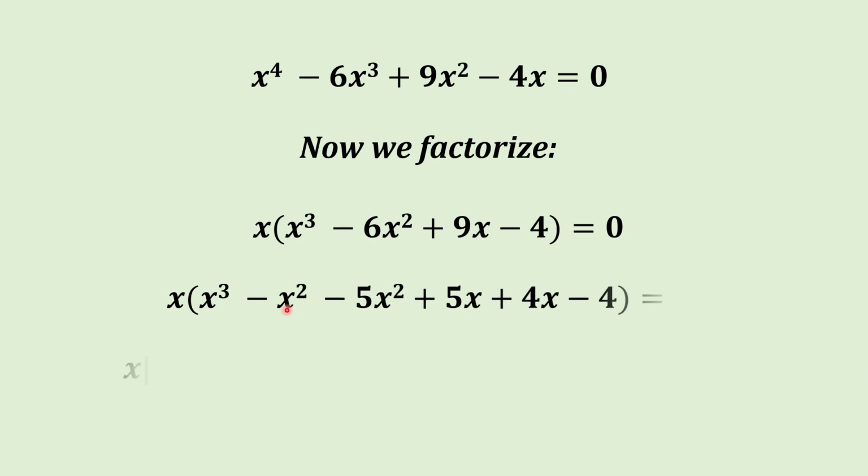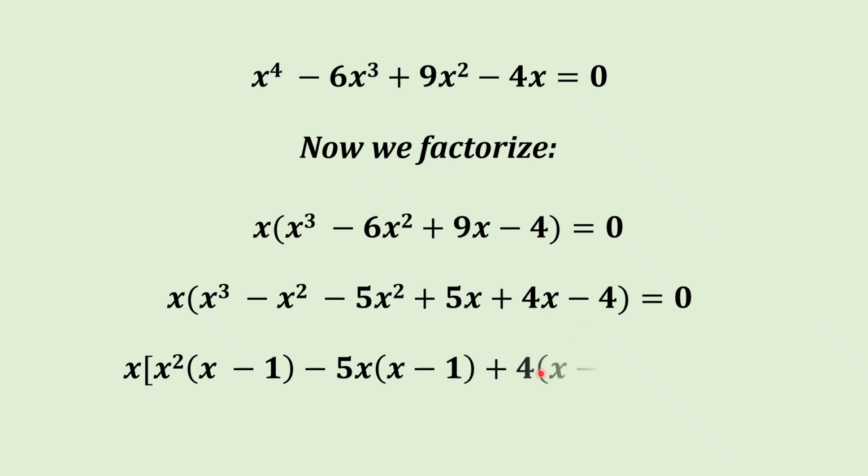From the first two, x squared is a common factor, x squared bracket x minus 1. From the next two terms, 5x is a common factor, within bracket x minus 1. And from the last two terms, 4 is a common factor, within bracket x minus 1. This whole thing is equal to 0.